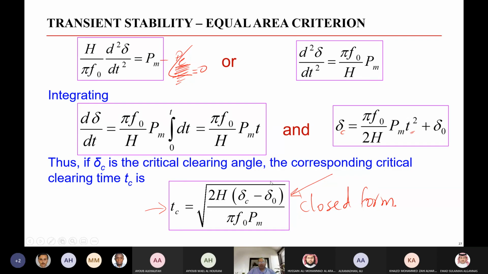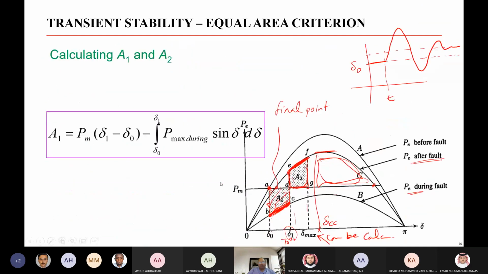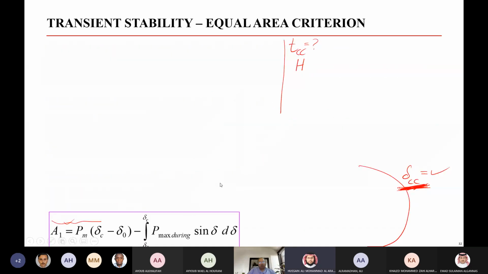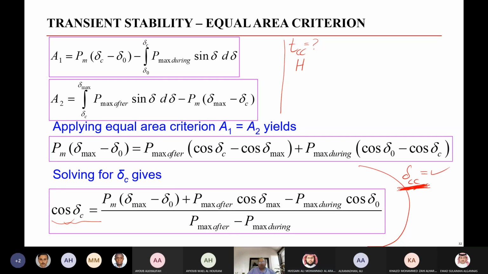So we can calculate the critical clearing time. Now my question is, in this case, can we double integrate the swing equation here or not? We will have the electrical term multiplied by sine delta.